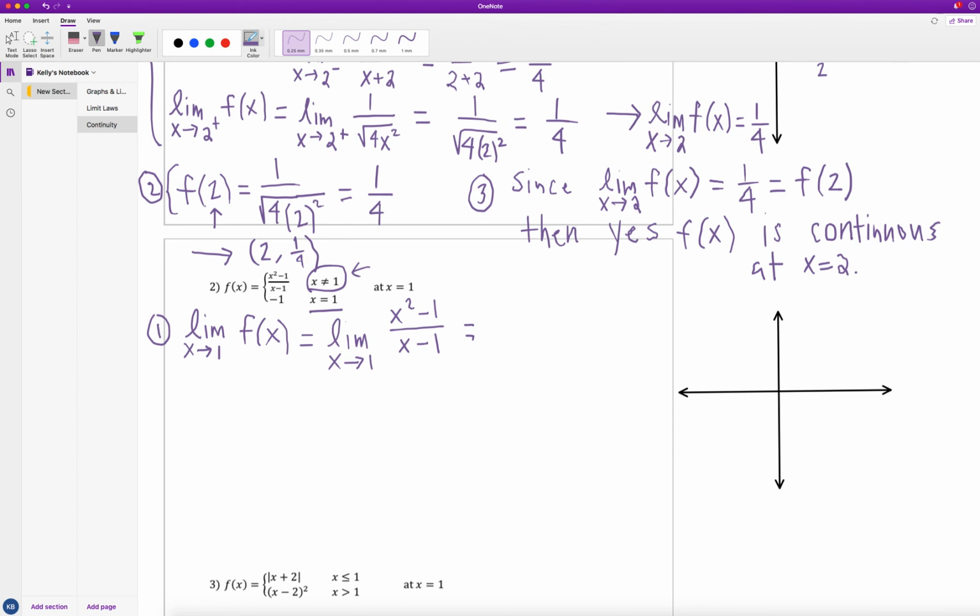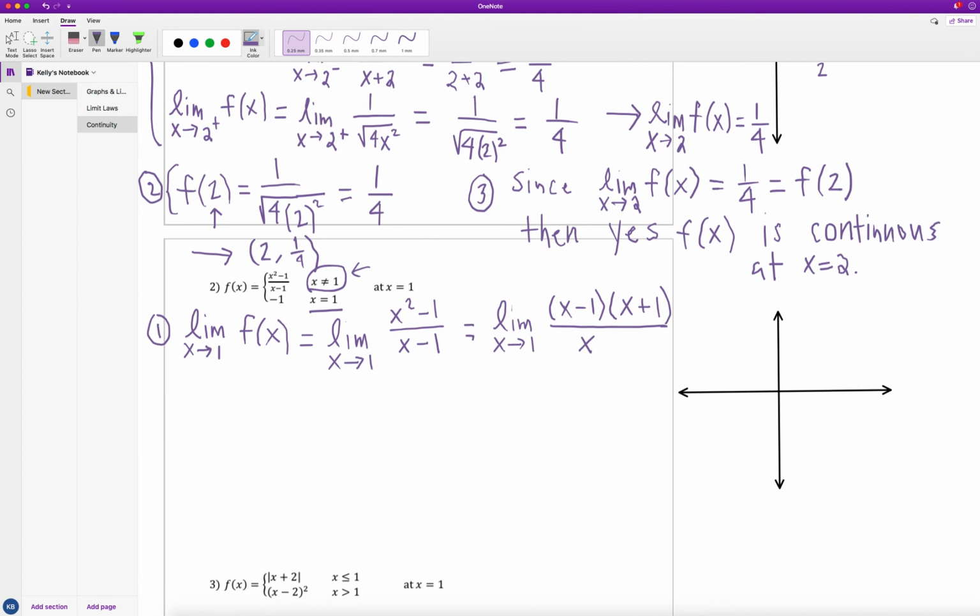So hopefully there's some way that I can algebraically manipulate this to find the limit. What I notice again is that I can go ahead and factor this guy. So I can factor the numerator, so I'll have the limit as x approaches 1 of x minus 1 times x plus 1, by factoring that numerator there, all over the denominator.